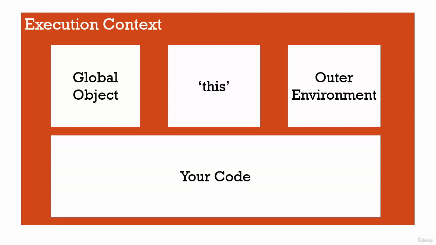If you're creating variables and functions, then that's going to sit on the global object if you're writing code that is global, again, that's not inside a function. But the important thing here is that there is this wrapper, this execution context, which has these other things that you didn't write. And the JavaScript engine running your code is doing this for you.